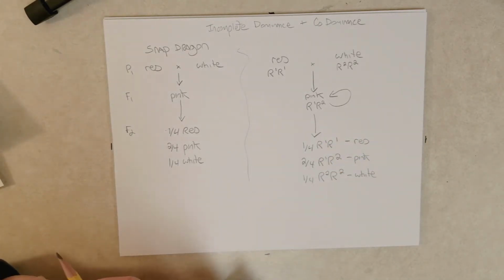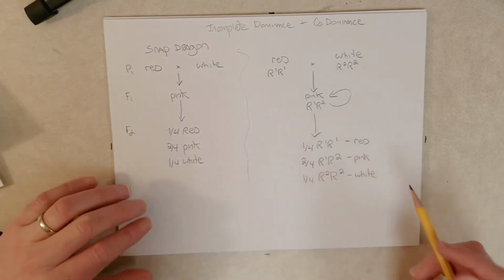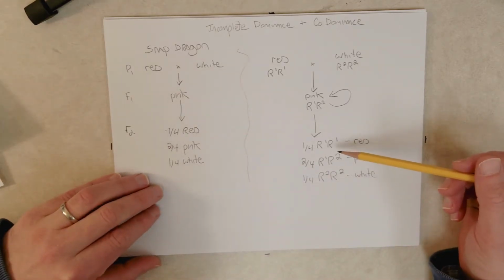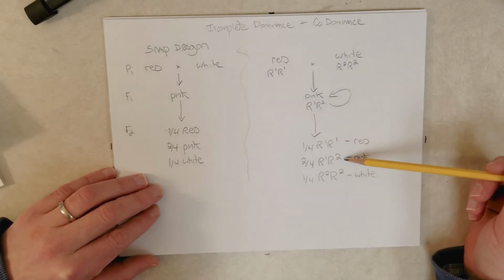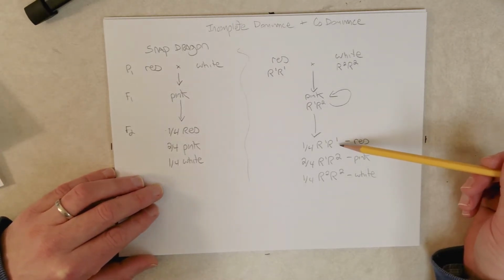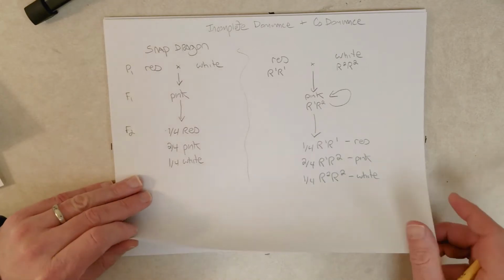Now, okay, this is an example of incomplete dominance, and essentially incomplete dominance results when, well, let me talk about what dominance is first. Let's review what dominance is.